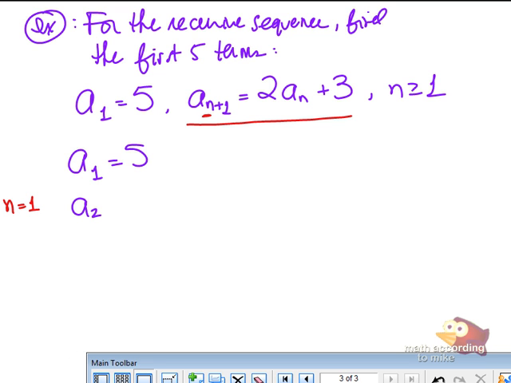So A sub 2 will equal 2 times A sub 1 plus 3. But what is A sub 1? 5, because that's what we were told. So we'll have 2 times 5 plus 3, which is 13. So the second term of our sequence is 13.